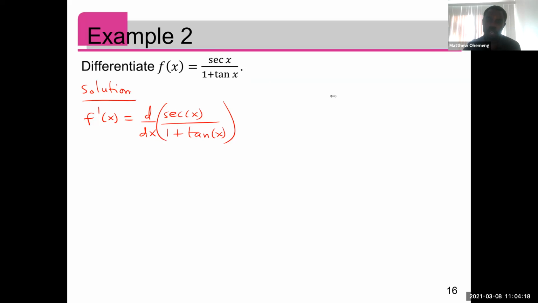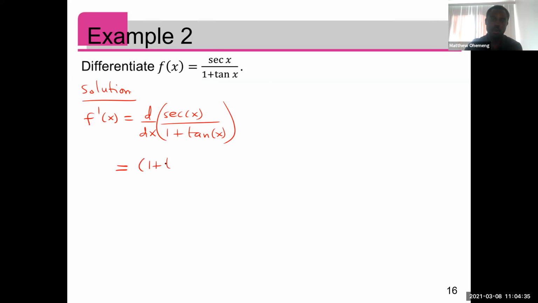Perfect. Yeah, that's true. So this is going to be a quotient rule at work here. You can see that this is a function divided by another function. So by the quotient rule, it's just low d high minus high d low all over the square of what is below. What is our low? Our low is the function here, 1 plus tan of x.